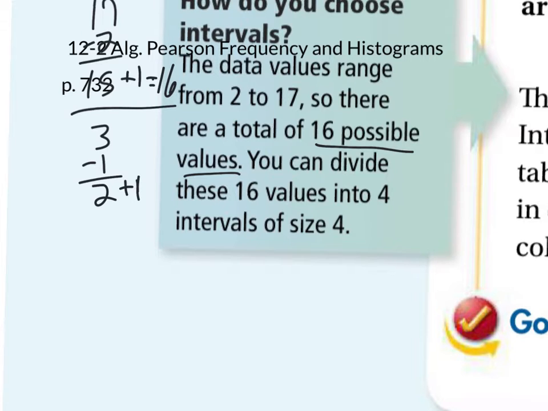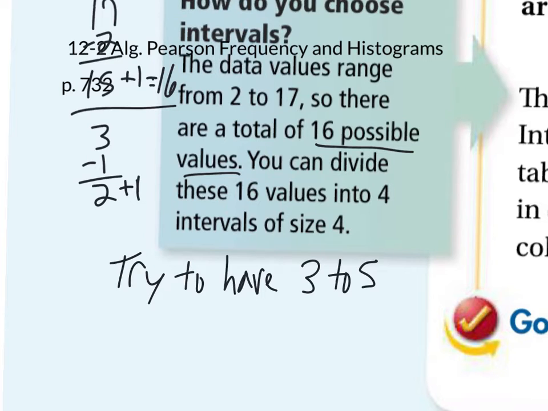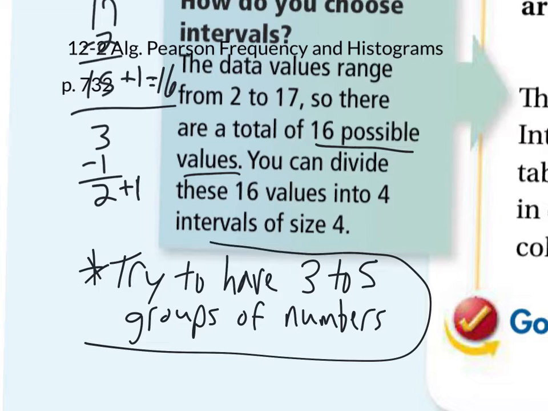When we're doing these frequency tables, we're going to try to have 3 to 5 groups of numbers. 3 groups, 4 groups, 5 groups. That's just a pretty nice number where we have stuff split up a little bit so we can make some interpretations about what's happening, but yet it's not so much.